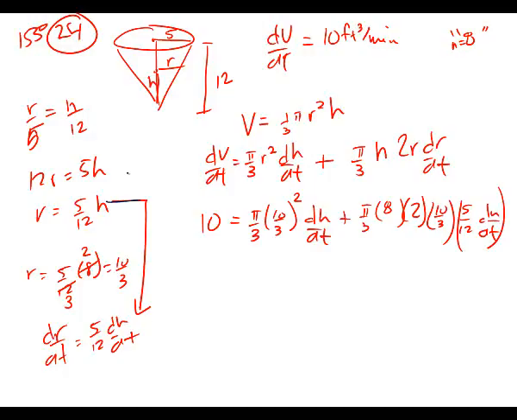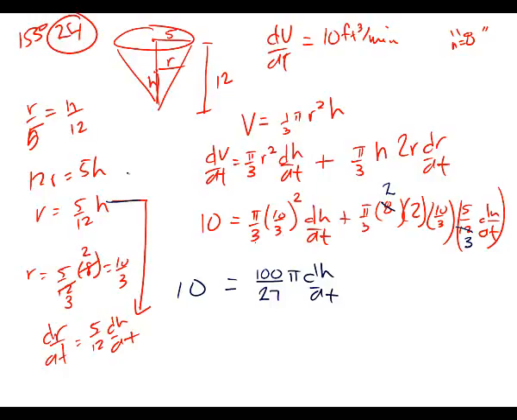Okay? Alright, so let's talk about simplifying here. Doesn't 4 go into both 12 and 8? Into 8 twice and into 12 three times. I did that on purpose because of what we have here. What is 10 squared? 100. What's 3 squared? 9 times 3 is 27 pi dh/dt. Okay?